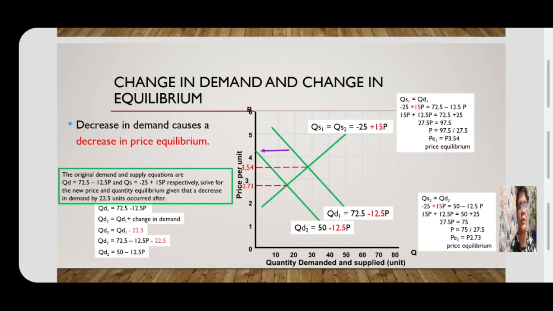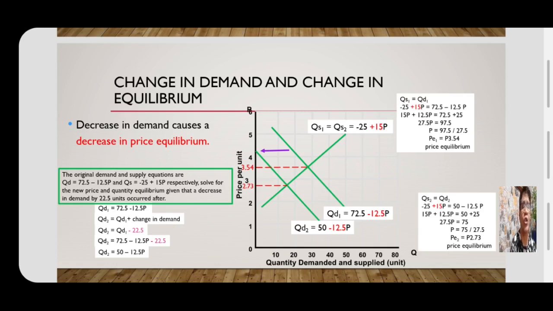So there it is. In our curve, we have this original demand curve given by the equation QD sub 1 equal to 72.5 minus 12.5P, and we have our new demand curve given by the equation QD sub 2 equals 50 minus 12.5P. So the demand curve shifted to the left, referring to a decrease in demand.